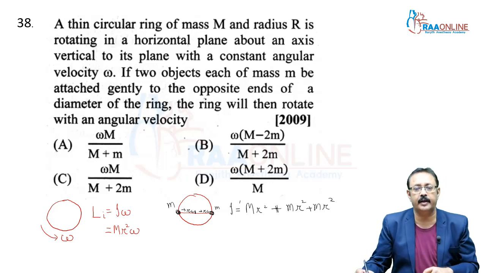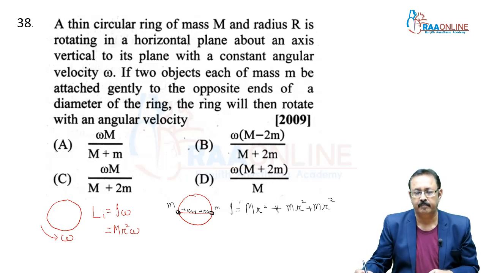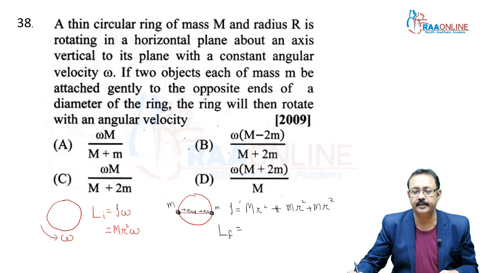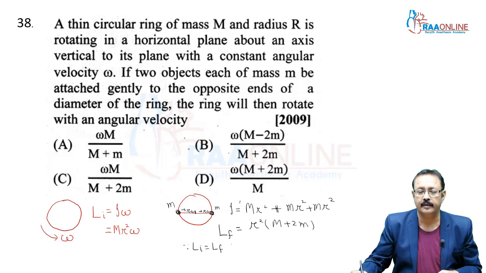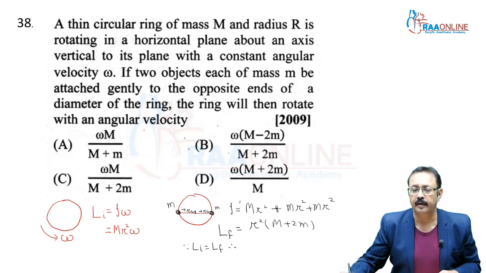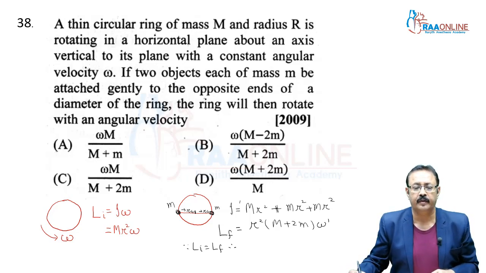Since the moment of inertia is changed, but we want L to be constant, omega will change in such a manner as to keep Lf constant. Since Li is equal to Lf, let the new angular velocity be omega dash.